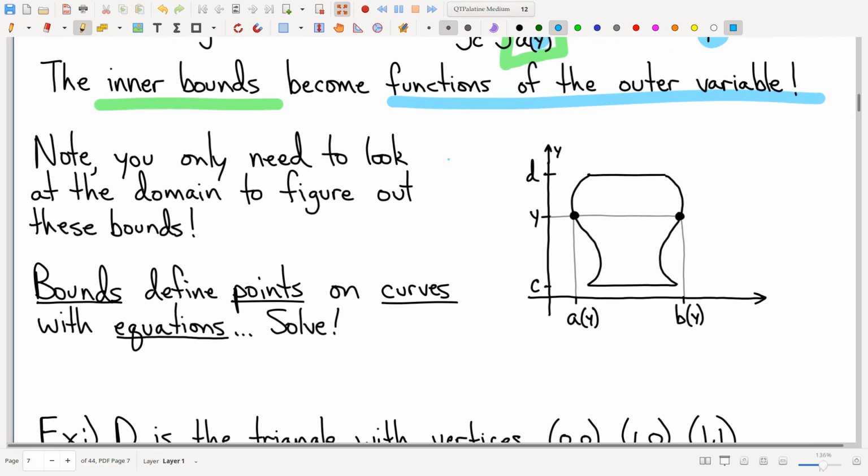So we talked through what the final punchline is going to be. If you want to find an inside bound, let's say if you want to find this a of y right here, well, that's going to correspond to a certain point. We're literally going to see how, whatever value you have of the outside variable, as you move in the direction of the inside variable, there is a point, such as this one, that represents where you start in that process.